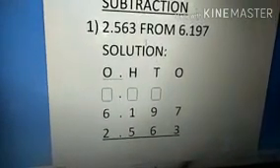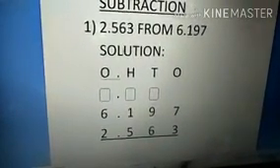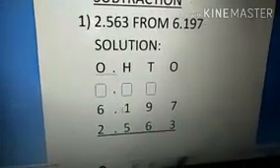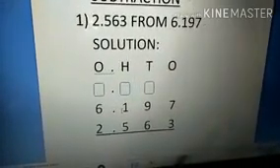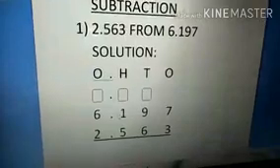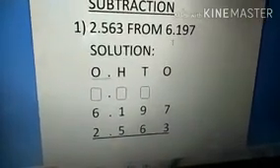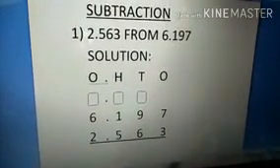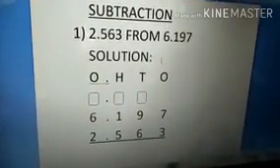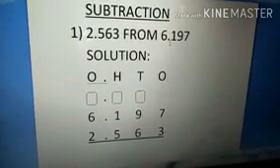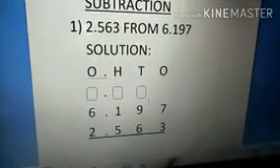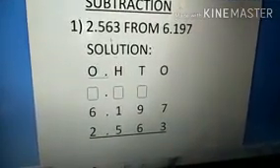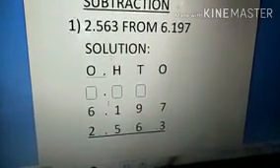Then you keep the numbers according to the given problem. Which one comes first? The greater number only comes first in the subtraction problem. So which is the greater number? 6.197, and the smaller number 2.563.